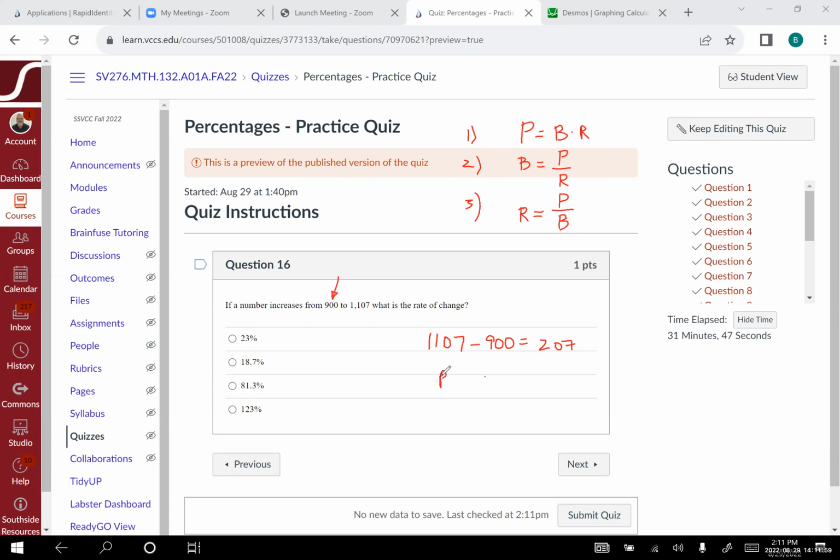So the rate of change will be the change amount, the part 207, divided by the base 900. 0.23, which is 23%. Nice.